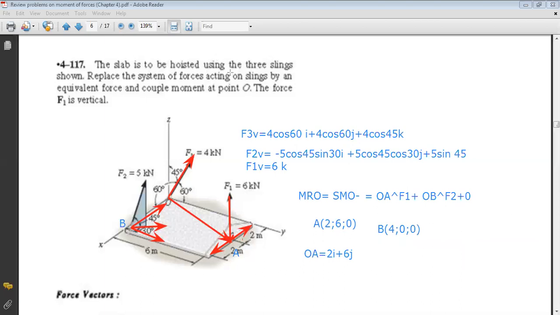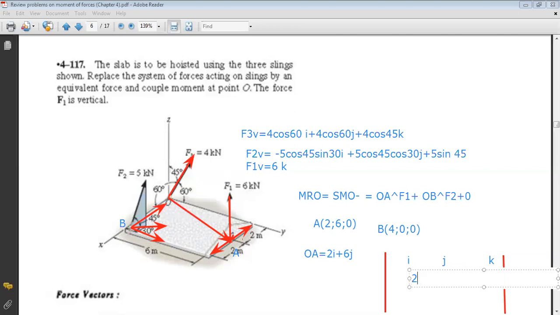If we want to do the matrix, the first line is i, j, k, and the second line is the coordinates of vector OA.